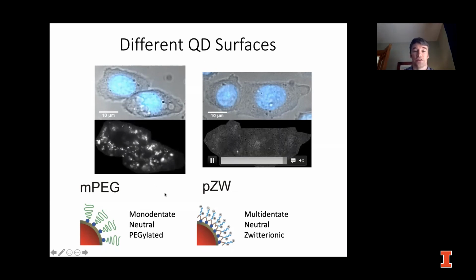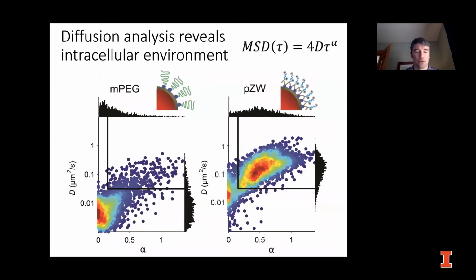You see a very big difference inside of a cell. One moves very rapidly. One is mostly stationary and kind of bright spots. So we developed image analysis tools for this to determine both how these are moving and what their photophysical properties are in the context of what they're doing inside of a cell.